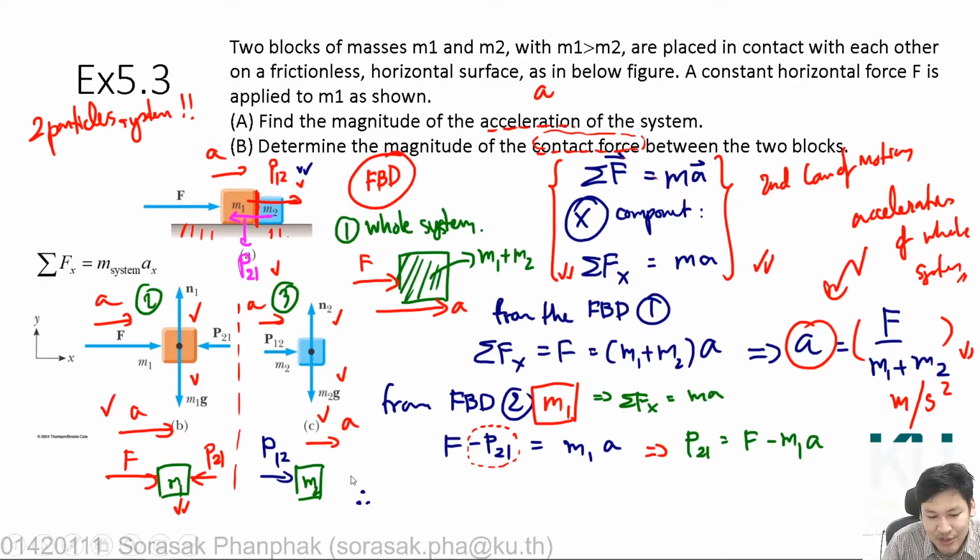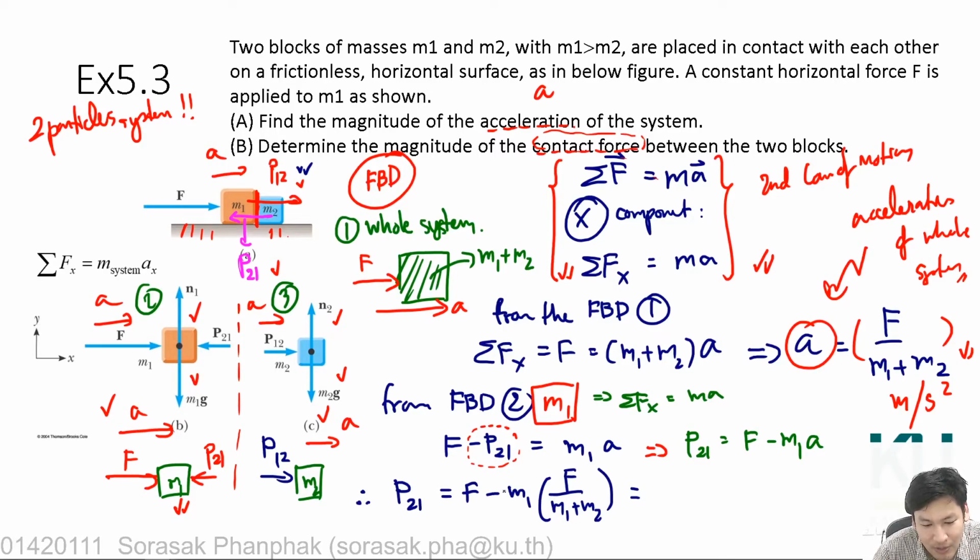So with this substitution, you have P21 equals F minus m1, and a is F over m1 plus m2. You can rearrange this term and easily find P21, which is equal to P12. I will show you here. When you would like to do a subtraction, you have to have the same denominator.